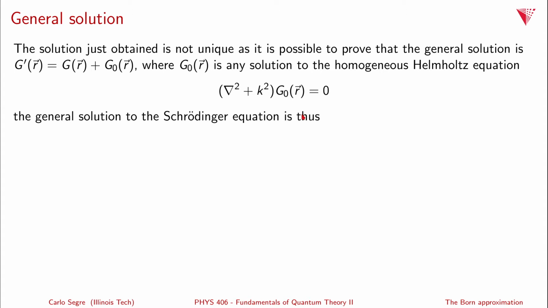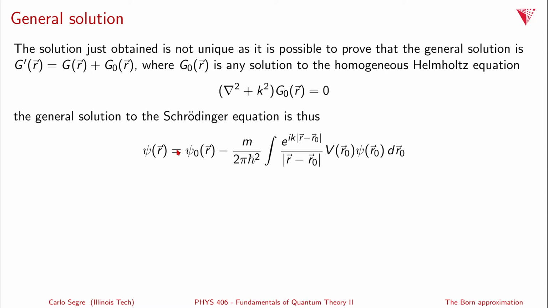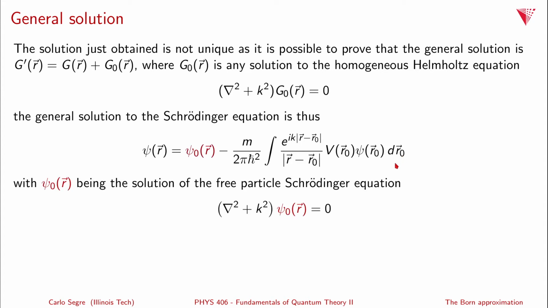So the general solution to the Schrodinger equation, therefore, can be written like this. G sub 0 gives you psi 0. So psi 0 is the incident wave, minus m over 2 pi h bar squared, integral of e to the i k absolute value of r minus r0 divided by absolute value of r minus r0, V of r0, psi of r0 integrated over dr0, where psi 0 is the solution of the free particle Schrodinger equation.